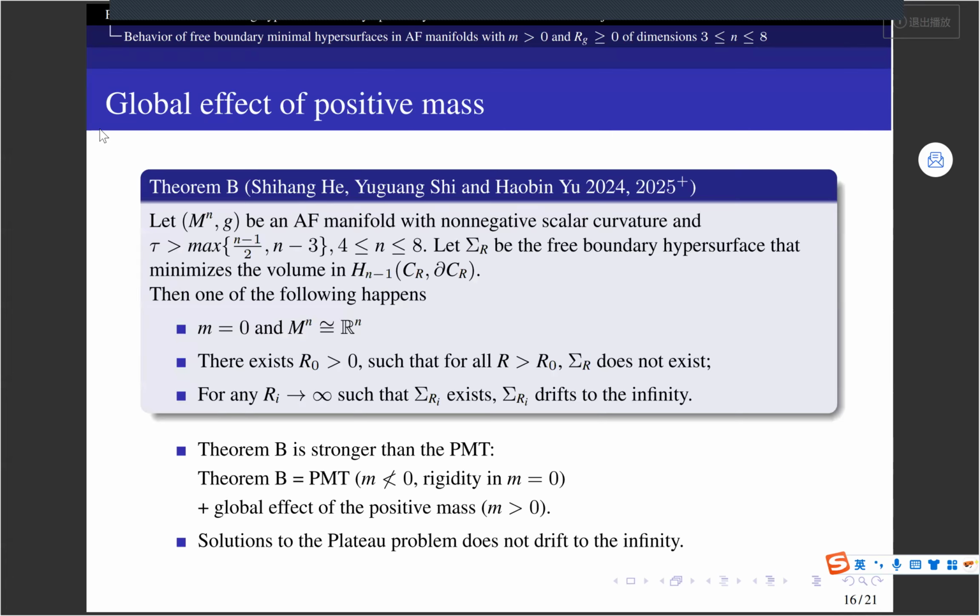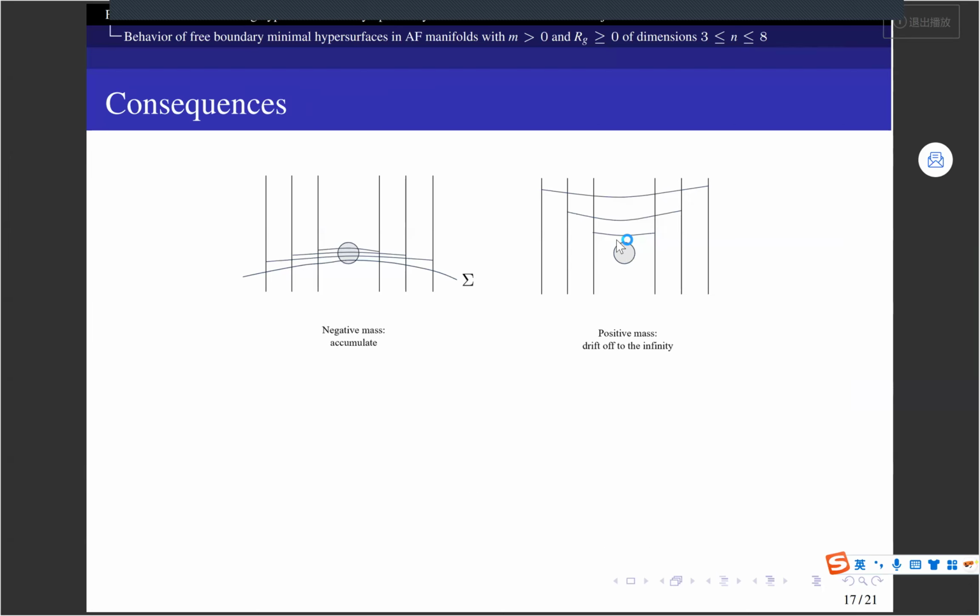Actually, this gives a certain global effect of the positive mass. This says that the condition of positive mass will have some geometric consequence in general. So the positive mass will push this sequence of free boundary minimal hypersurfaces to infinity.